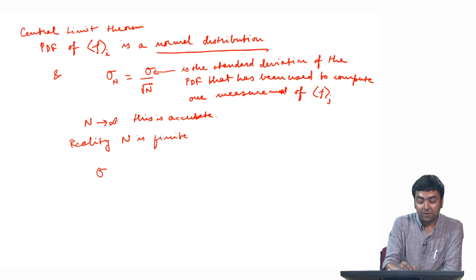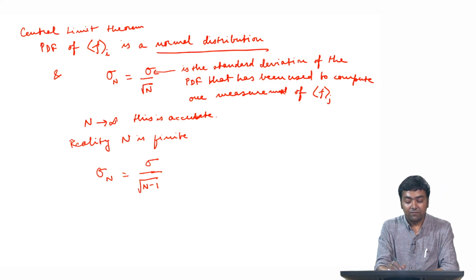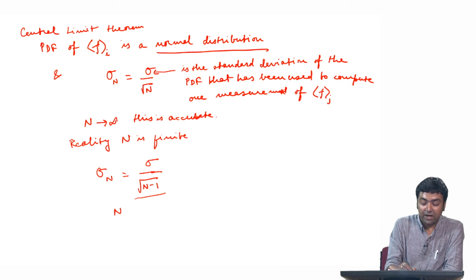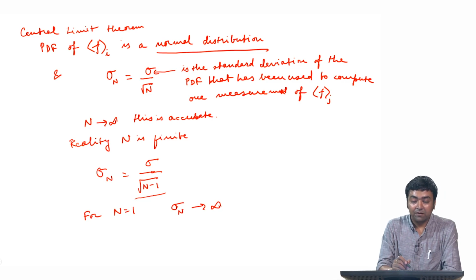So, this expression is modified by sigma over square root of n minus 1. One might ask, why do we have the minus 1? The minus 1 comes here to stress the fact that if you just do a single measurement, so for n equals 1, my sigma_n goes to infinity. In other words, for a single measurement, it is never possible to get a reasonably accurate estimate of my integrand.